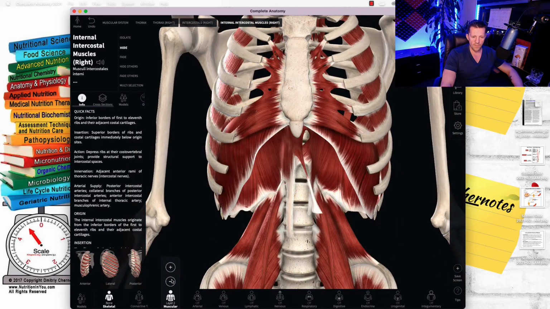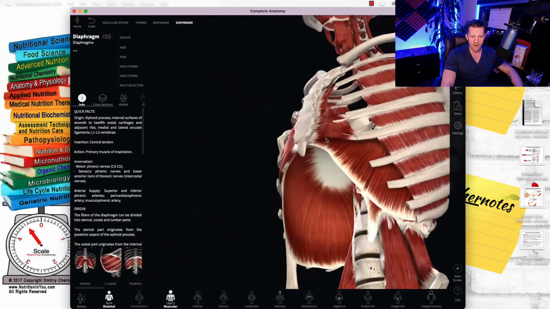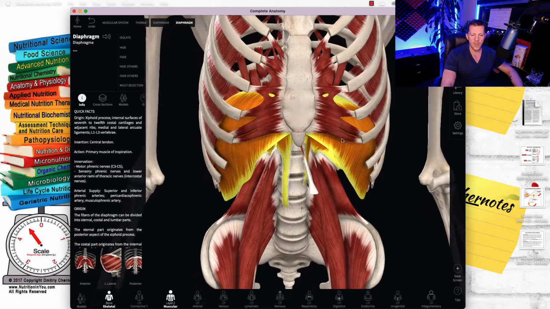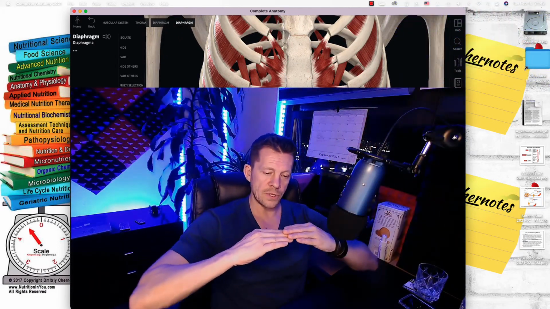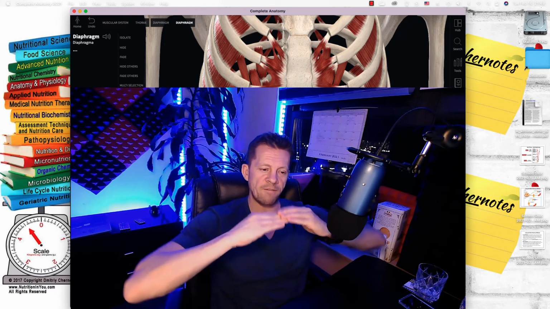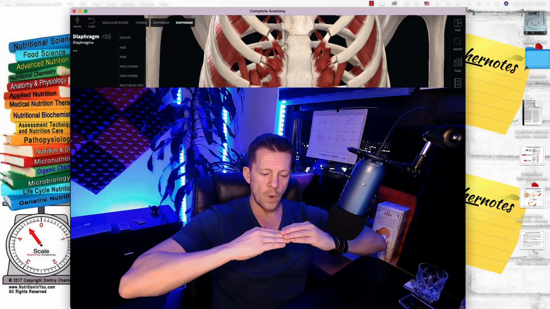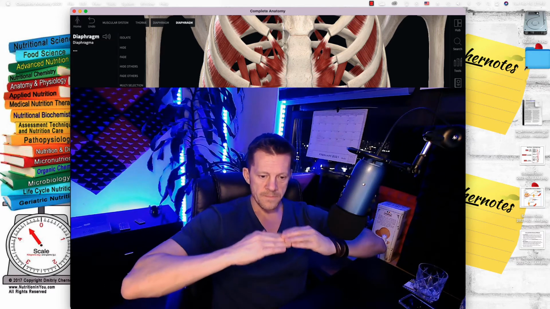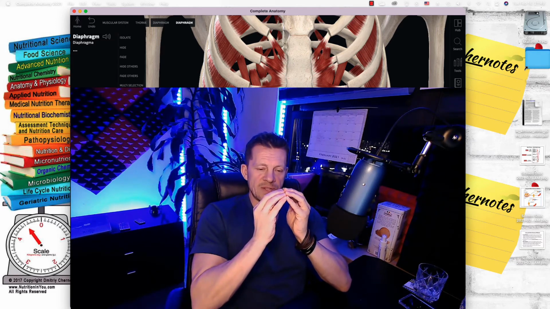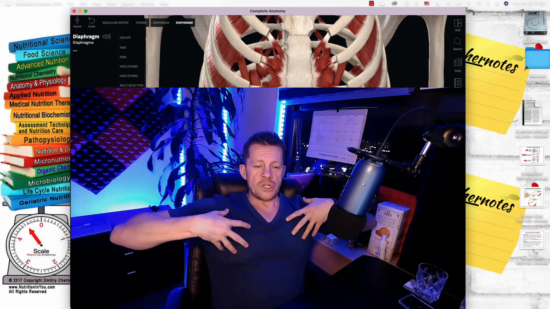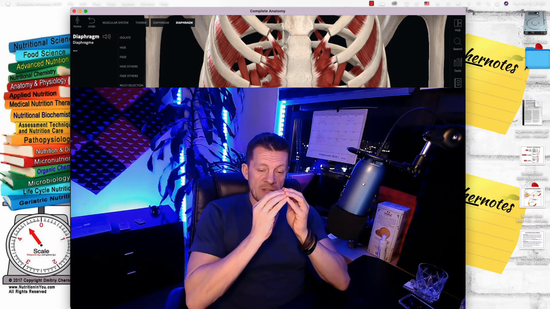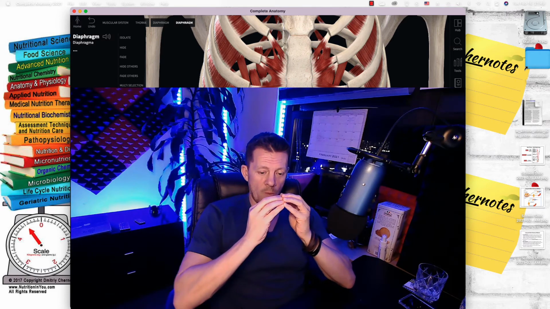So let me remove that. The diaphragm is very important in breathing. It can create a dome shape or can flatten. When we are breathing in, we expand our chest, and this dome-shaped muscle, the diaphragm, will flatten.